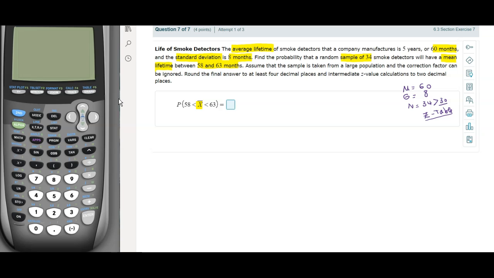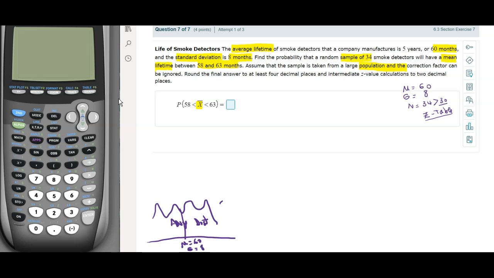If you read through the problem here, the original population, they did not mention it is a normal distribution. It just says large population. So what's the meaning of this? It means that our original population is any distribution. We have the mean, which is 60, and sigma is going to be 8.